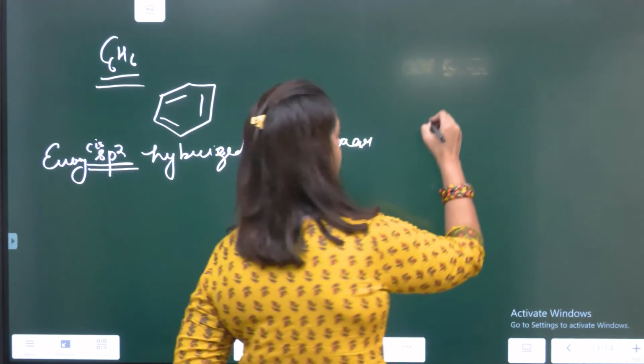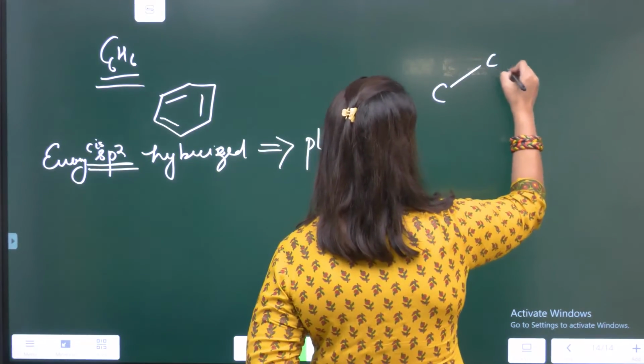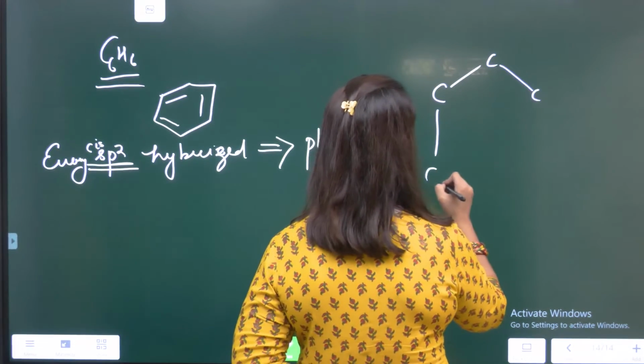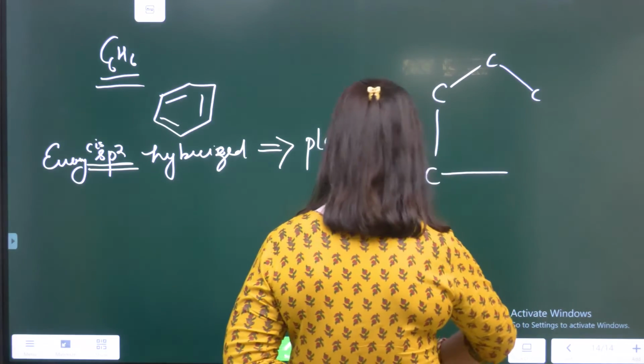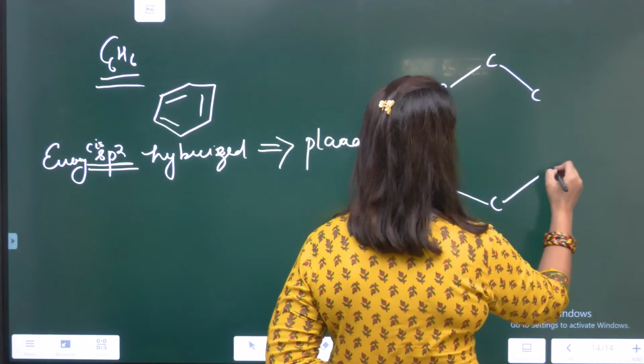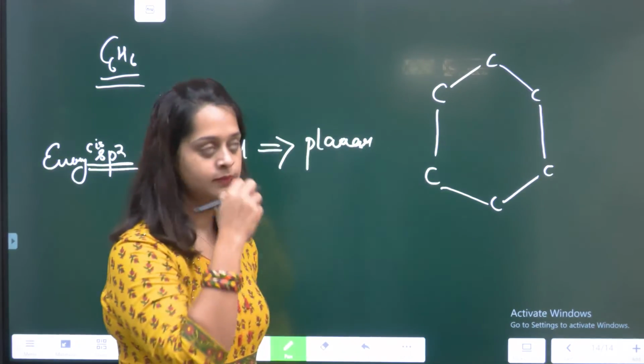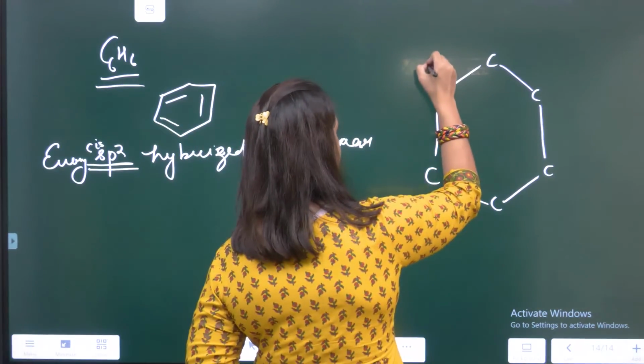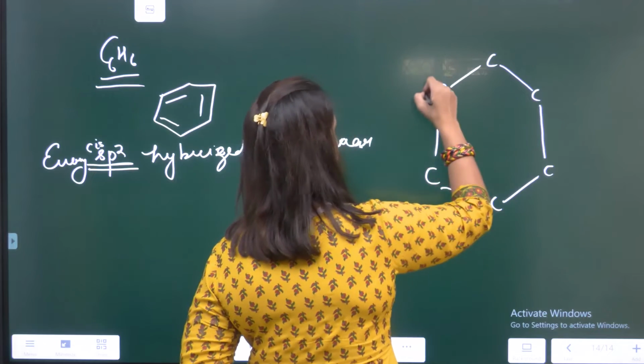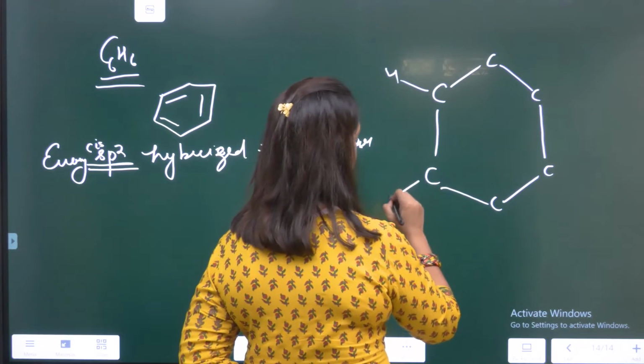So if I see the benzene ring, this is how the single bonds will look, and the H attached to it will also be lying in the plane.